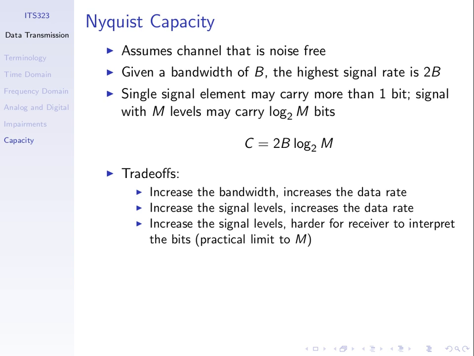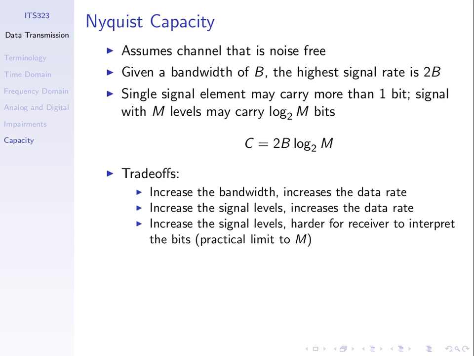What the equation doesn't show, we know already though, is that increasing the bandwidth increases our cost. Also, and we saw from the previous example, increasing the number of levels increases the errors when we have noise. If we do have noise, and we always do, the more levels we have, the more errors we can have.